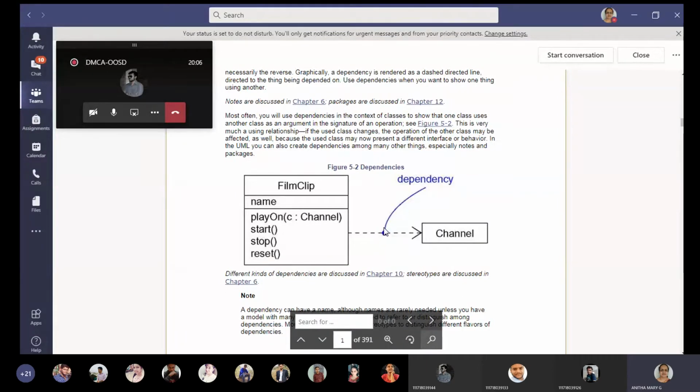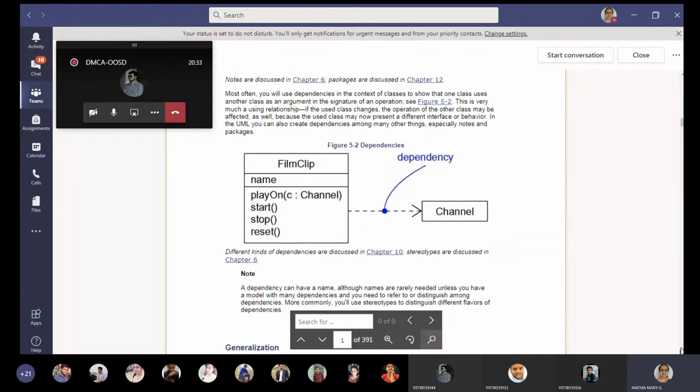That is what dependency is. Here for the class film clip, we are giving the name, and play on is going to depend on the channel. It is going to play accordingly on what channel you switch on. So the relationship we can say is that it is depending on. That's what dependency is.